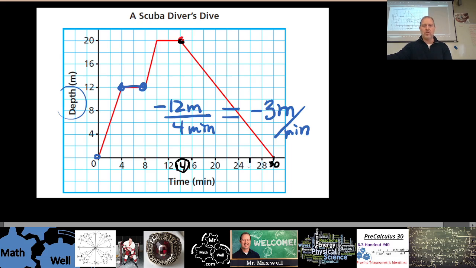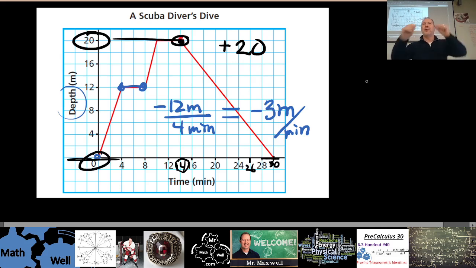You see how each of these is 2? So 14 to 30 is 16 minutes. And what is the depth change? The person has gone up 20 meters, because they started at 20 and went to 0.